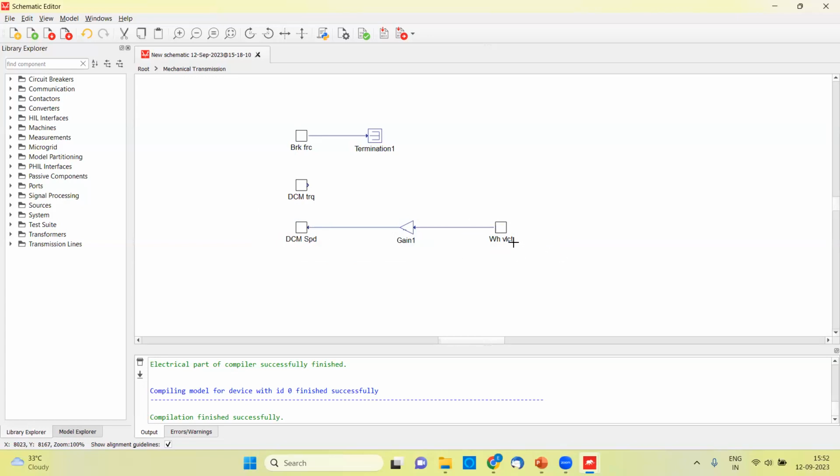According to this wheel velocity, our speed is getting changed. Now this gain block in between is representing the mechanical transmission ratio. So I'm just naming it like MT ratio 1, because I'm going to use one gain over here also, that is also a mechanical transmission ratio.